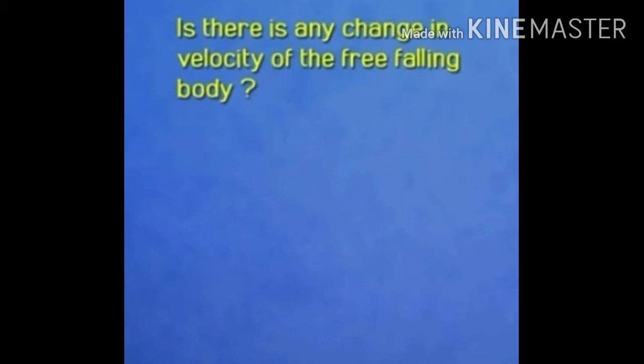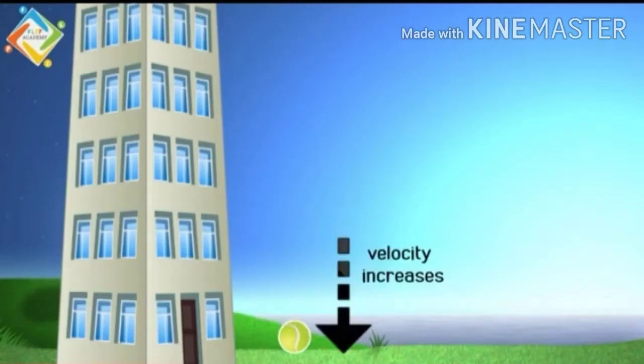When the object falls from the height, its velocity keeps increasing the closer it gets to the ground. Clear? Its velocity keeps increasing.